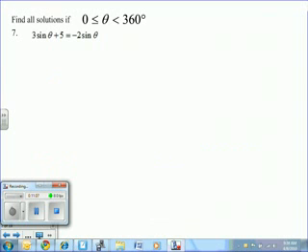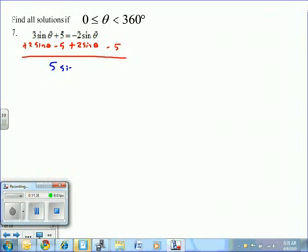All right, for the rest of the problems, it says find all solutions if theta is between 0 and 360, which means all of your answers should just be angles. We don't do the plus 360n anymore. So on this problem here, all we're doing is putting like terms together and solving. So you can add the 2 sine theta over here, and then subtract the 5 to the other side.